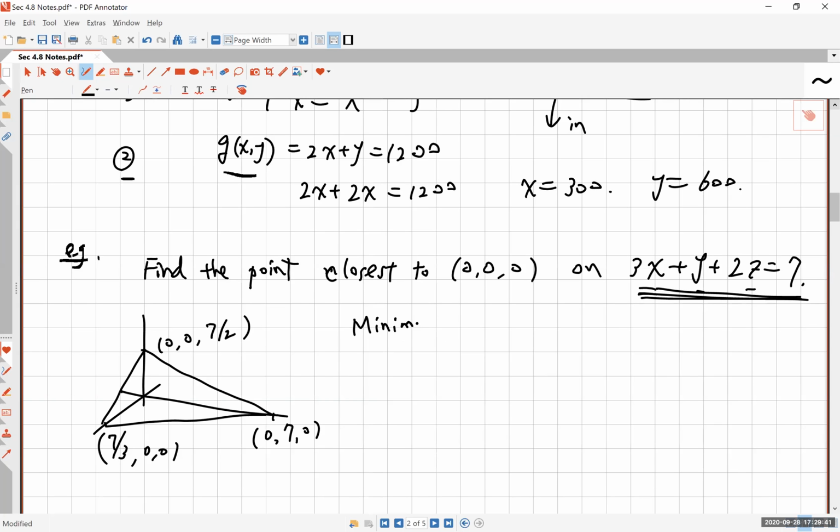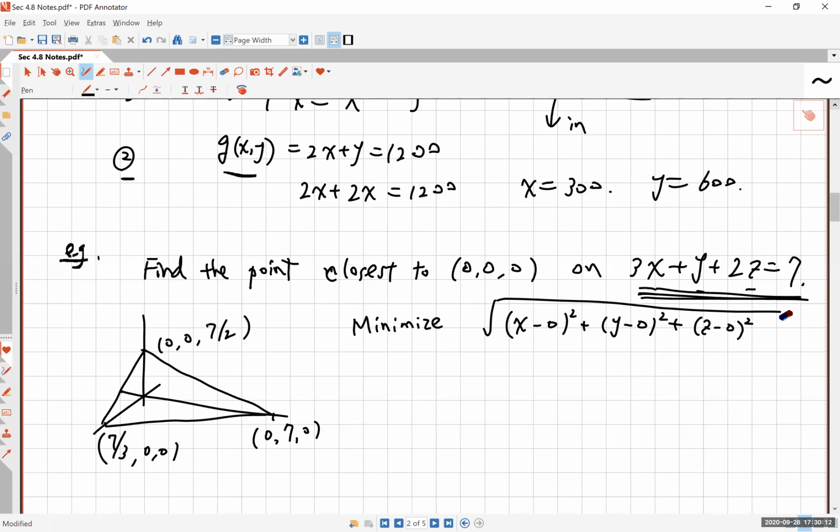You're trying to minimize the distance between the point x, y, z and x naught, y naught, z naught, which is of course this. This is the distance, okay, from x, y, z to 0, 0, 0. But as you know, minimizing a square root function of 3 variables is not an easy thing.